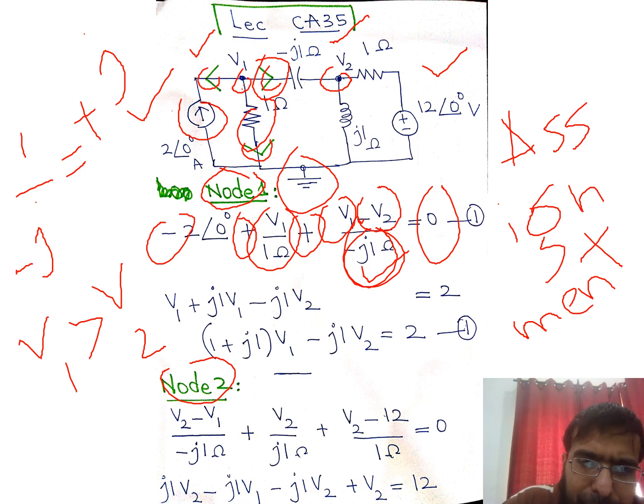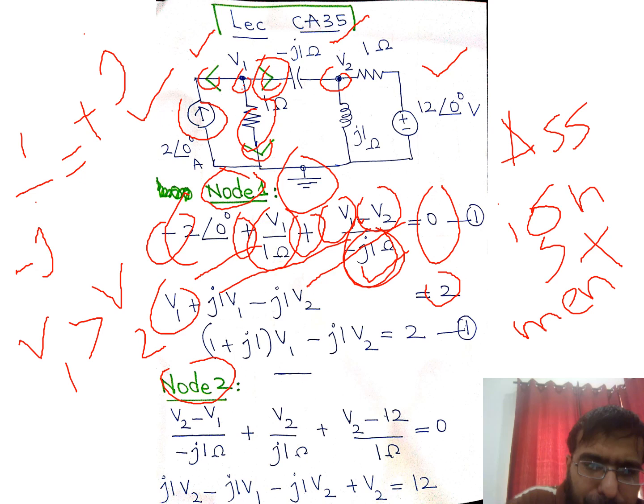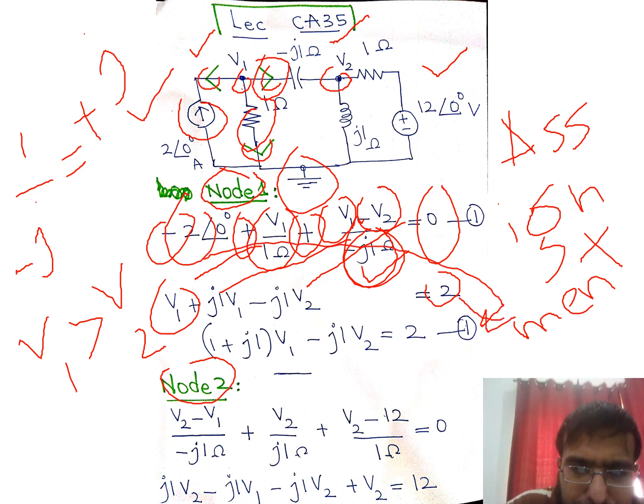So this becomes plus j V1, plus V1 coming from here, plus j V1 coming from here, and minus j V1 minus j V2 coming from here is equal to 2, because we have taken this 2 to the other side of the equation. It becomes minus 2. Like this one.